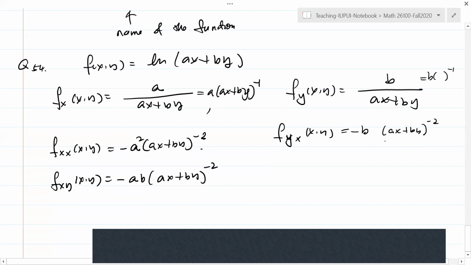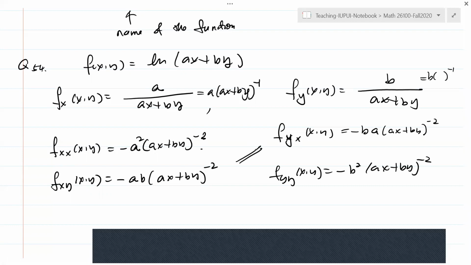It's a derivative with respect to x, so you get an a. Let me simply write the answer here: negative b squared times ax plus by to the negative 2. All right, so look at these four. You find out those two are the same: ab equals ba. So we verify the theorem again.